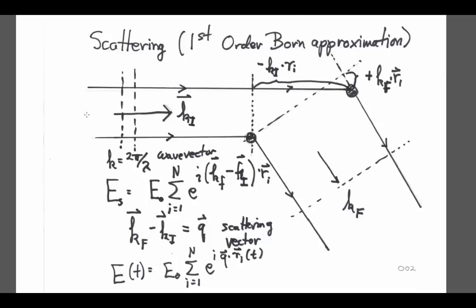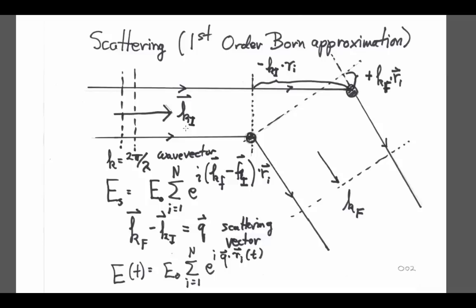Over here at the left of the screen, we have a laser or a neutron generator or something, which is giving us a beam of light or neutrons or whatever, which proceed along in the direction labeled by k sub i. k is the wave vector. The magnitude of k is 2 pi over lambda, lambda being the wavelength. Those of you who are accustomed to infrared and Raman spectroscopy should know this is the physics wave vector, and you are used to the chemistry wave vector, 1 over lambda.